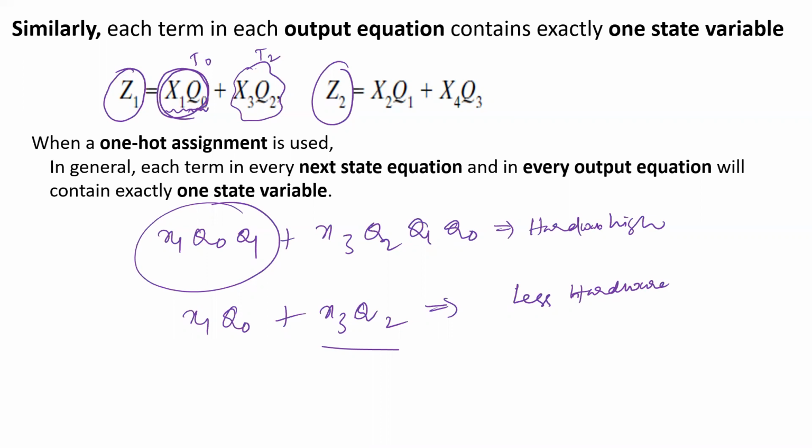So this is what is possible by using the one hot state assignment technique, and this is useful. Whenever people implement their circuits in an FPGA, in most cases they will think about one hot state assignment. If they are able to achieve their goal with it, they will go for it. Otherwise, they will come to the conventional approach.